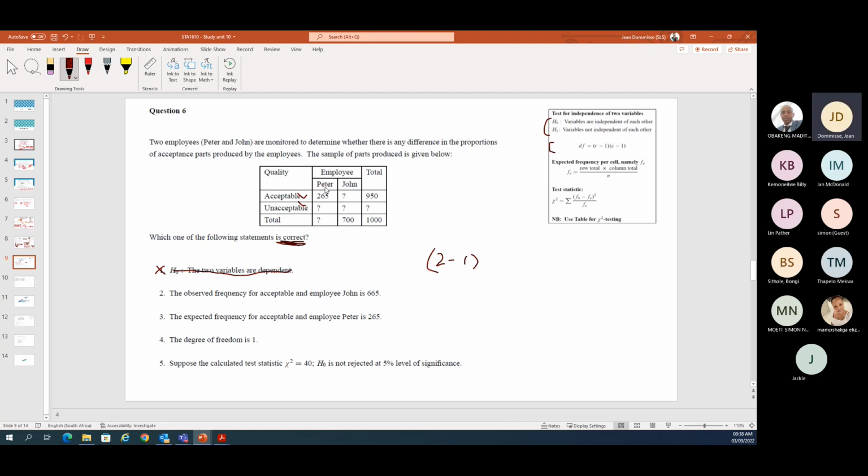How many columns of variables? 1, 2. Okay, so 2 minus 1 is 1. 2 minus 1 is 1. So 1 times 1 is 1. So let's look at where the degrees of freedom is. The degree of freedom, 1, correct.